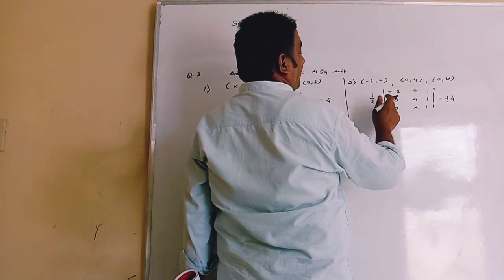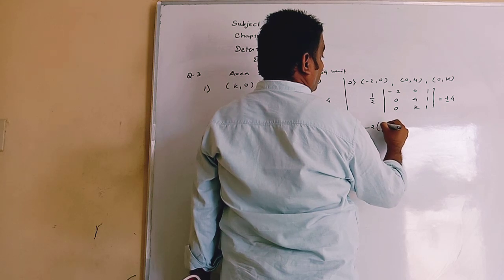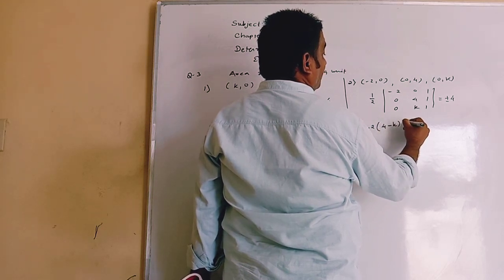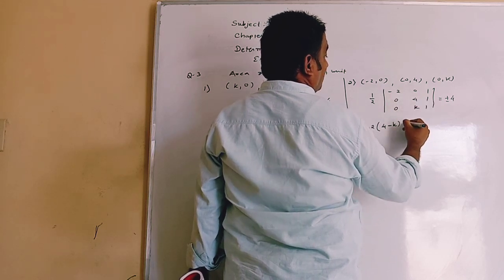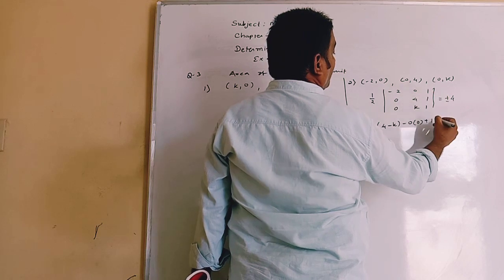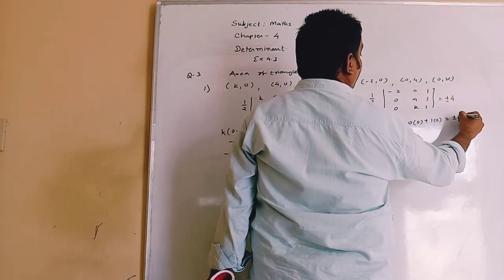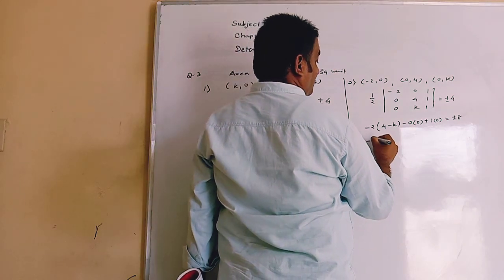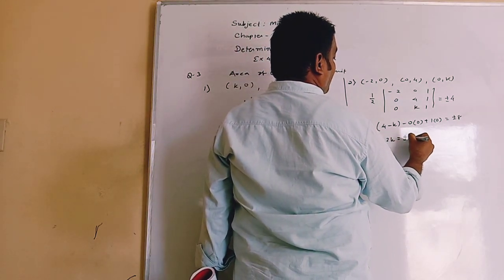So we simplify here, and 2 multiply this side, so it will be minus 2 into (4 minus k). Now 0 into 0 minus 0, so 0 plus 1 into 0 minus 0, so 0 equals plus or minus 8. And so minus 8 plus 2k equals plus or minus 8.